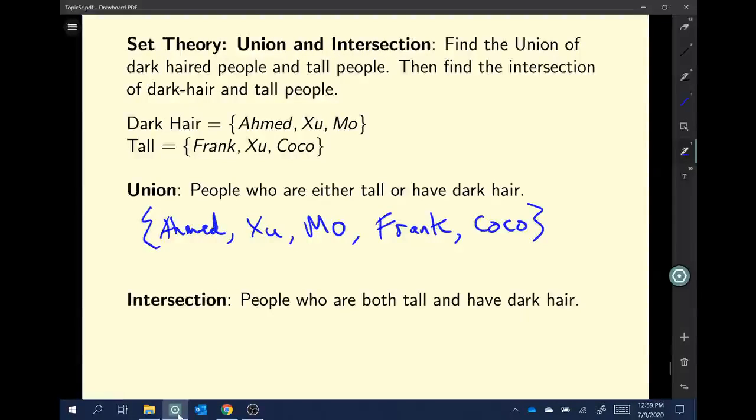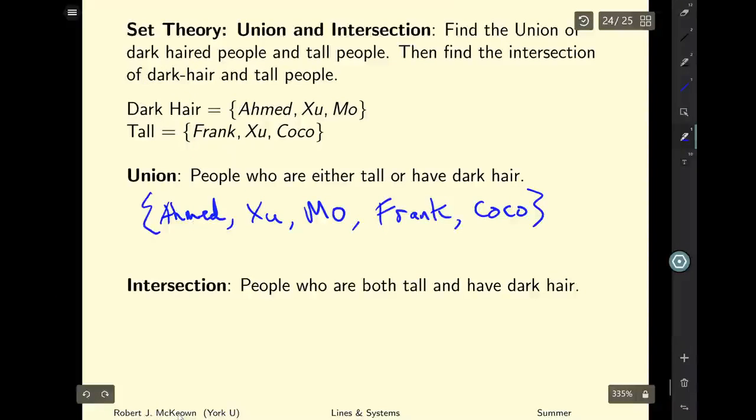Now, what about the intersection? Well, the intersection of dark-haired and tall people are those who are both tall and have dark hair.